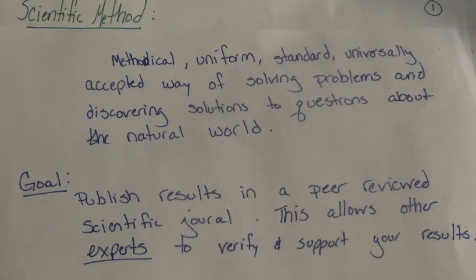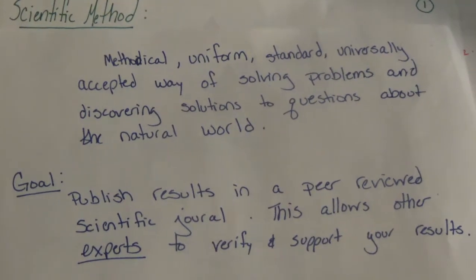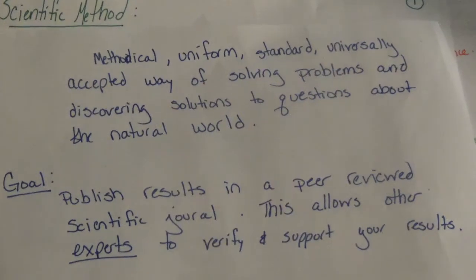You want your idea to be planted in a scientific journal and be able to grow as an idea and become something that's commonly accepted as having a lot of evidence to support it. And the way for that to happen is for you to publish that in a scientific journal. It allows other experts to verify and support your results.